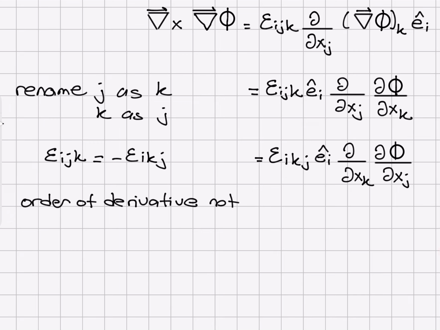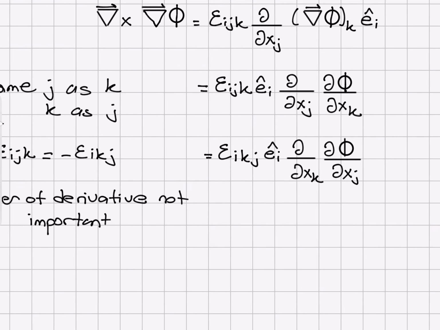So for epsilon ikj, I can write minus epsilon ijk ei hat, and this is del xj del phi del xk.